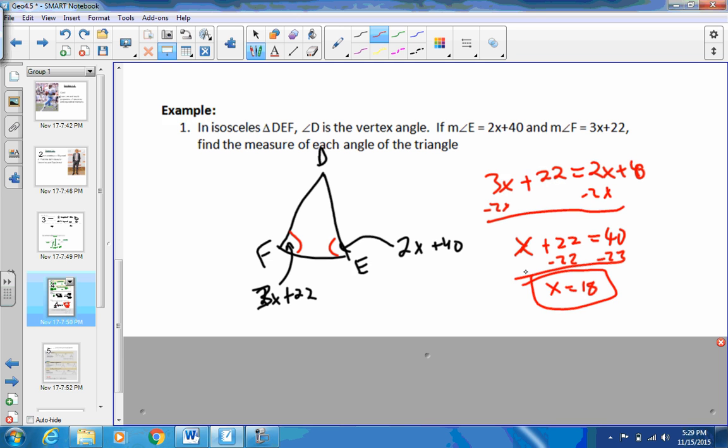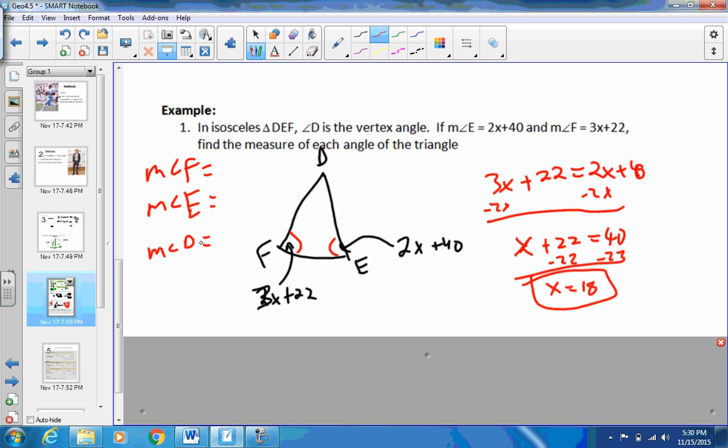That does not answer your question yet, because it says find the measure of each angle. So if we plug in, the measure of angle F, the measure of angle E, we should be able to find both of them using x, and then D will be whatever's left.